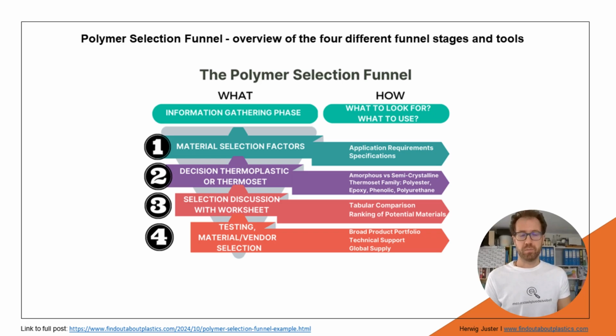And the outcome of this third funnel step is then 1-2 material options. And with those, we can start testing and start discussing with material suppliers, vendors, and then make the final decision.